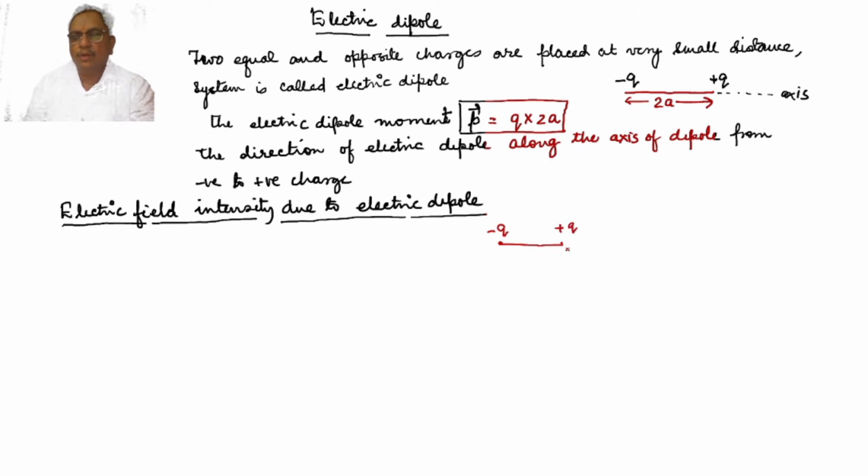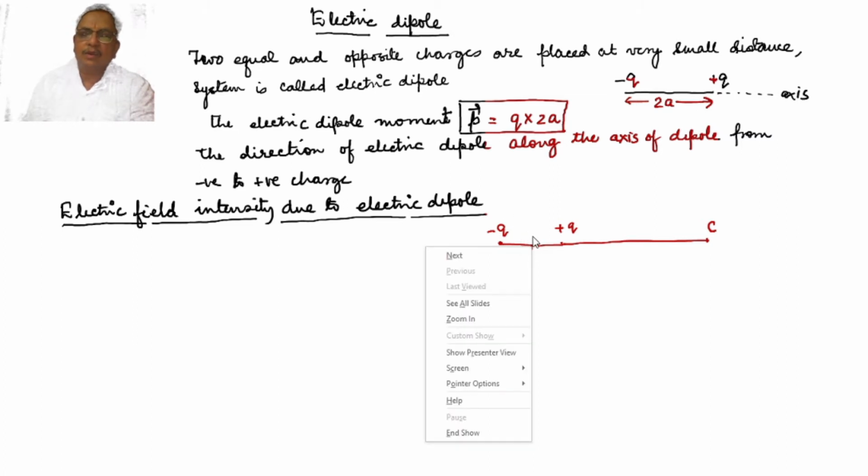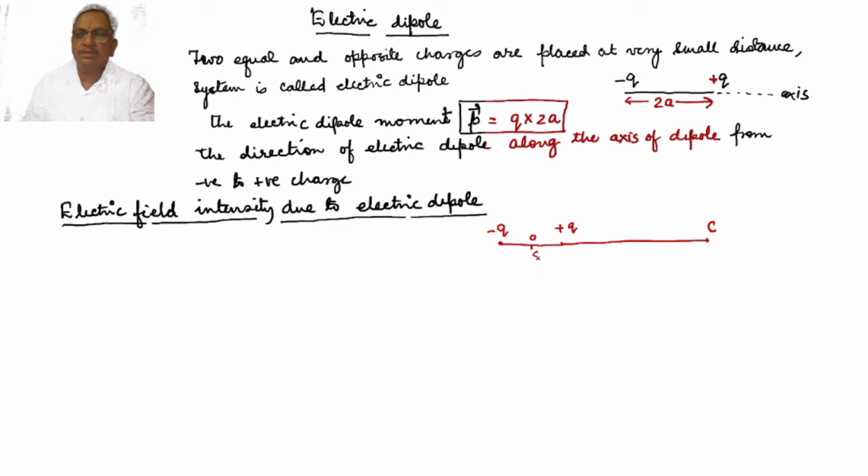And we consider here the point C, having distance from the mid of the dipole, suppose R. Now what is the description for this?